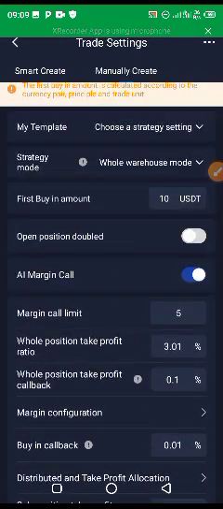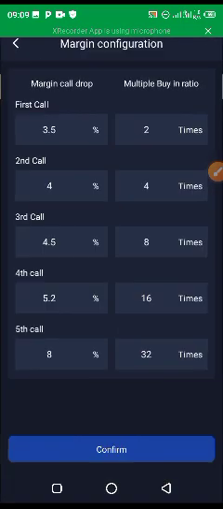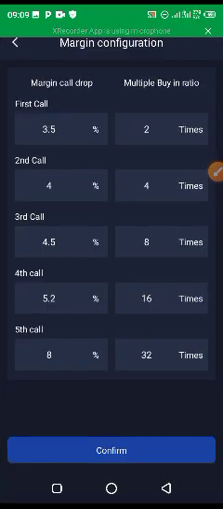Now we go to the margin configuration. Now we don't consider this percentage.